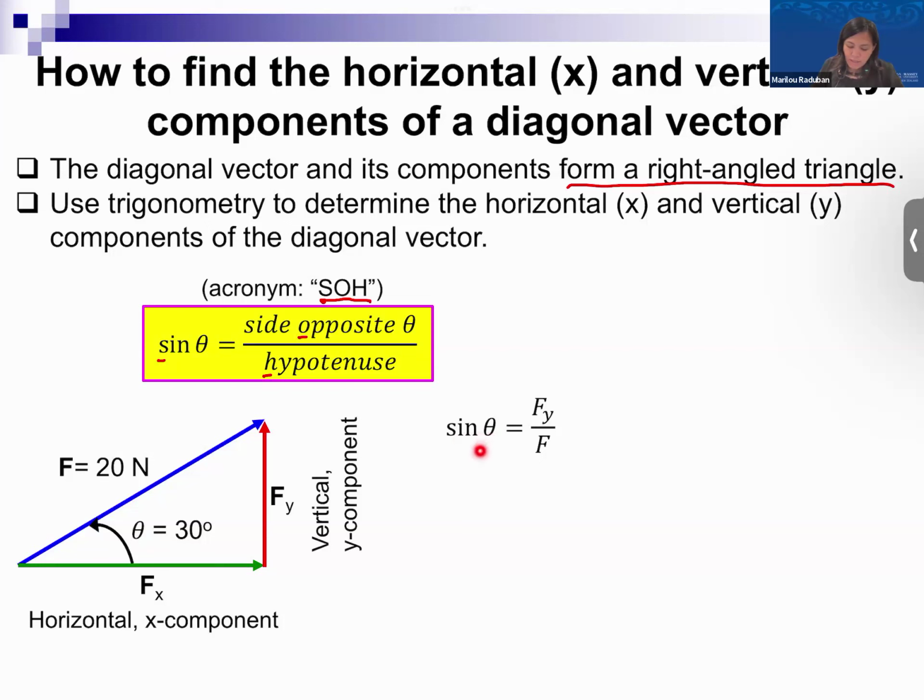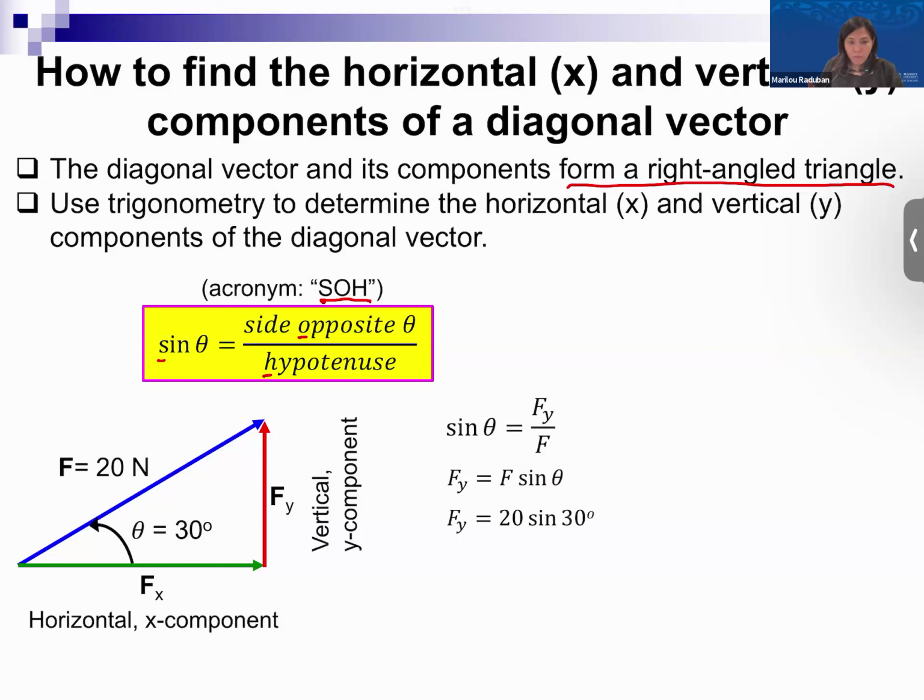So sine theta will be the side opposite, which is the y component Fy, divided by the hypotenuse, which is the diagonal vector F. Since we are after the y component, we rearrange this equation to have the y component being equal to the diagonal vector, which is also the resultant vector F times sine theta.